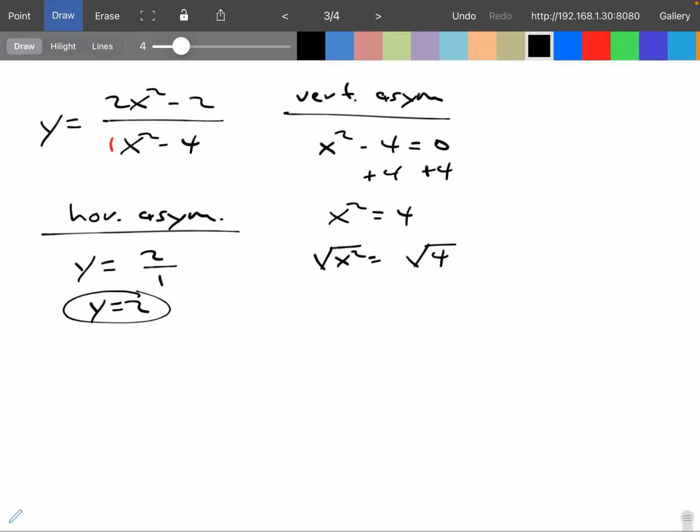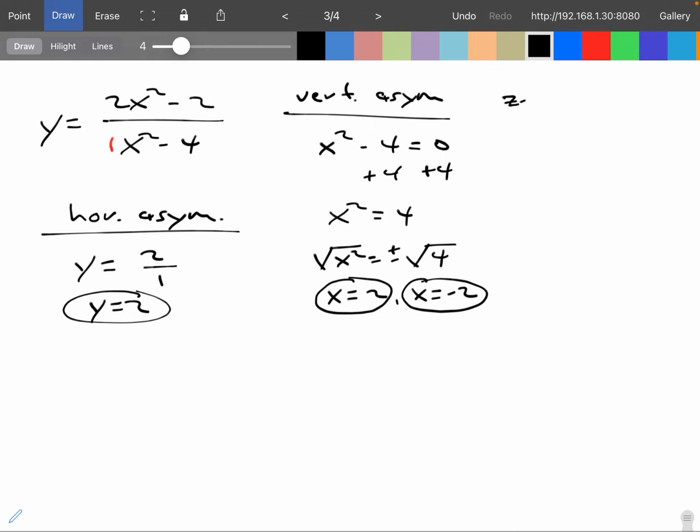But whenever we take the even indexed root of both sides, so if we take the square root of both sides, or the 4th root, or the 6th root, we always have to remember to put that plus or minus in there, because we're going to get 2 solutions. So that gives us x equals, well, positive square root of 4 would be 2, right? And we'd also get x equals the negative of the square root of 4, which would be negative 2. So those are our 2 vertical asymptotes.